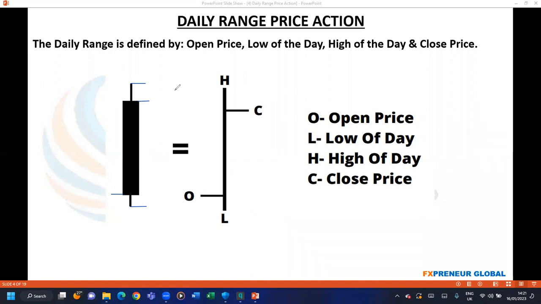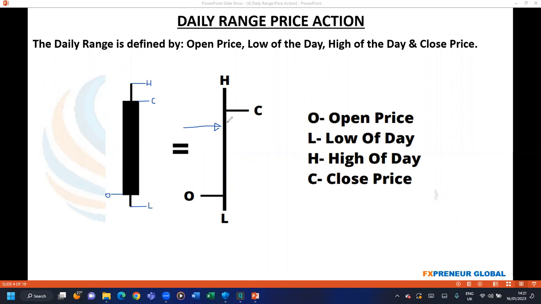This is a bullish candle. It closed here, it opened here. This is the lowest price it has gotten to, and this is the highest price. Represented in a bar chart, it shows you something like this. This simply identifies everything that happens in the course of a 24 hour trading day on a particular candle.